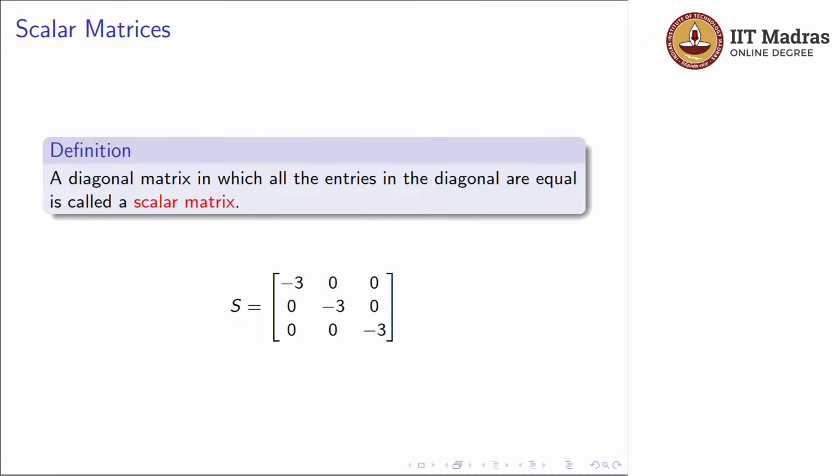They're all equal, so this is an example of a scalar matrix. Why is this a scalar matrix? We'll see later that this behaves like -3. This matrix in our mind we should think of as -3. Again, just to jog your memory, what is the order of this matrix, meaning the number of rows and columns? This is a 3x3 matrix.